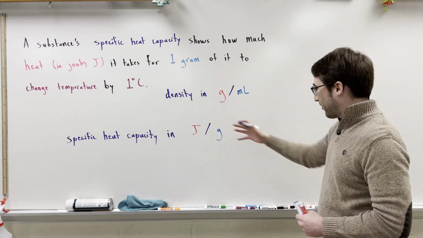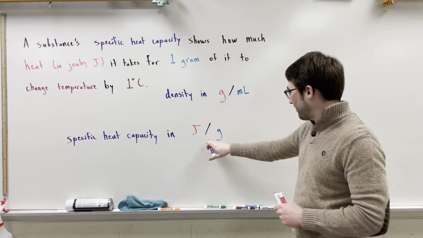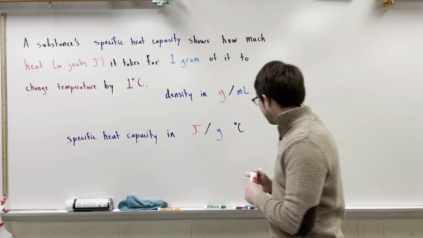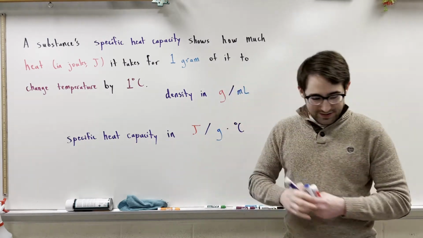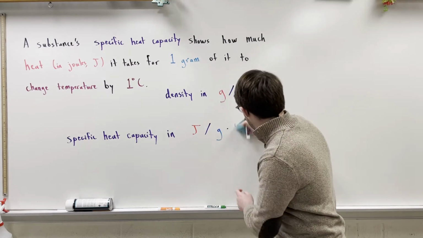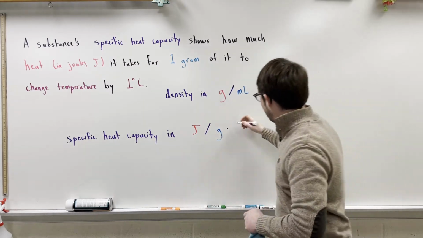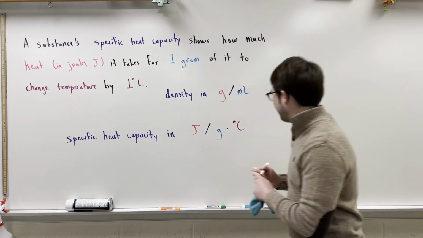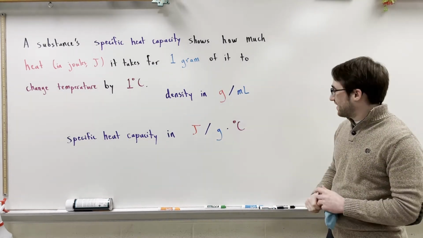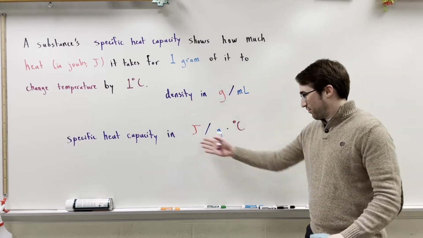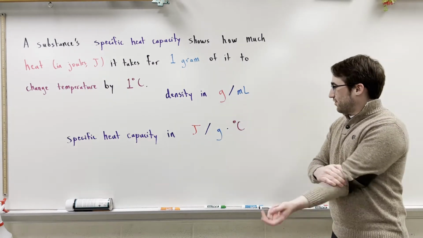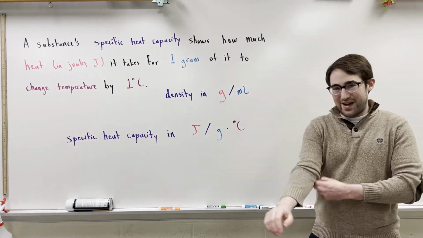So since we have it kind of per two different things, we just put them both after the division sign. Let me change that color. There we go. All right, joules per gram per degree Celsius. Okay, or usually we just say joules per gram degree Celsius, something like that. Okay, so this is how we usually write our units for specific heat capacity.